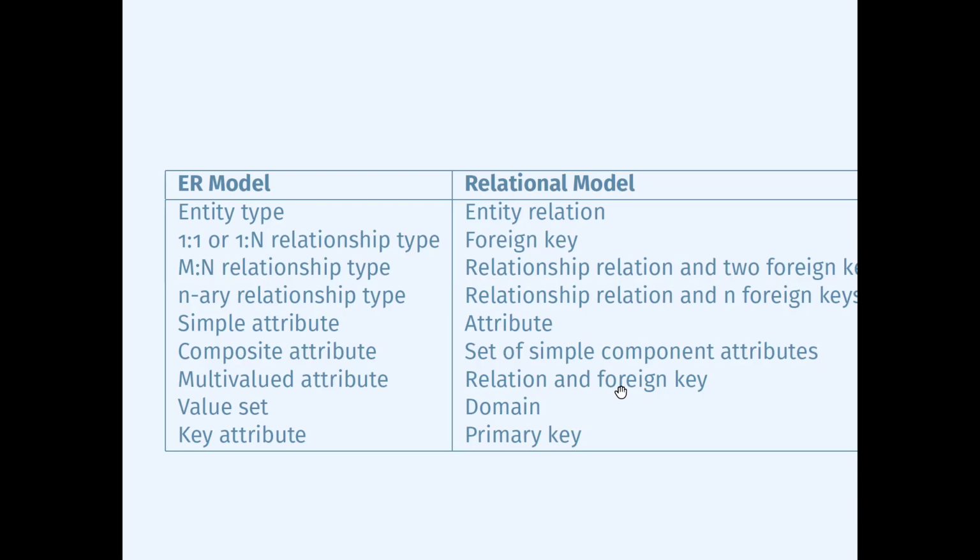Then we have attributes, composite attributes, relation and foreign key, domain, and then primary key. So those are the concepts that you should get familiar with in ER modeling, that is conceptual modeling.